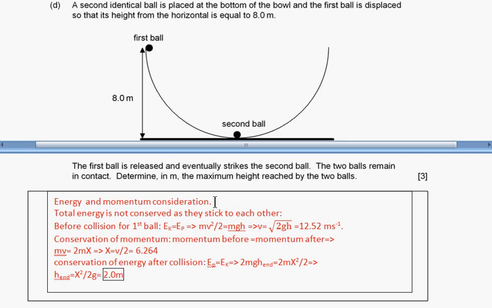So energy conservation at some moment and total momentum conservation at another moment. First ball has potential energy, which turns into kinetic energy before striking the second ball. So we can find the speed of the first ball before the strike.